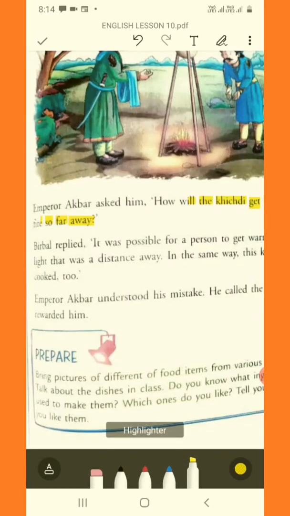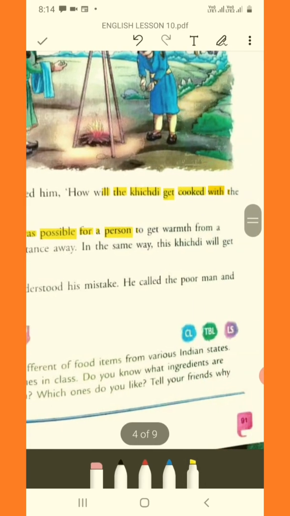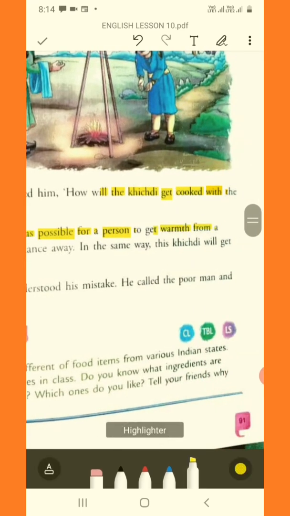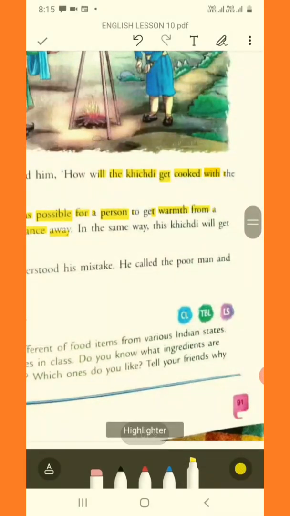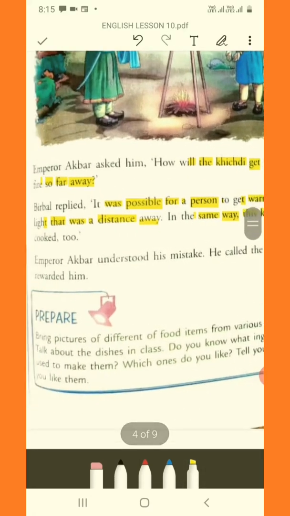So Birbal replied, it was possible for a person to get warmth from a light that was a distance away. In the same way, this khichdi will get cooked too.